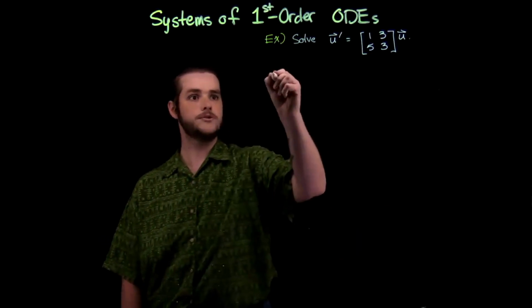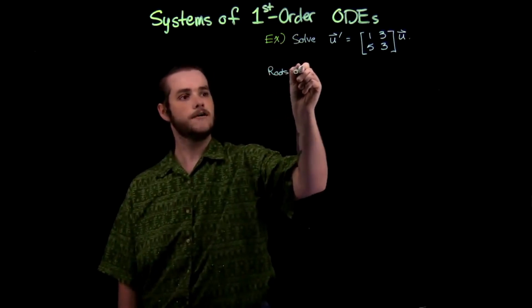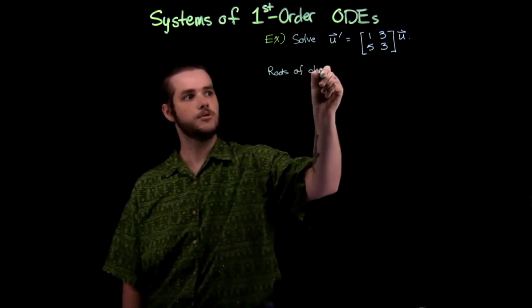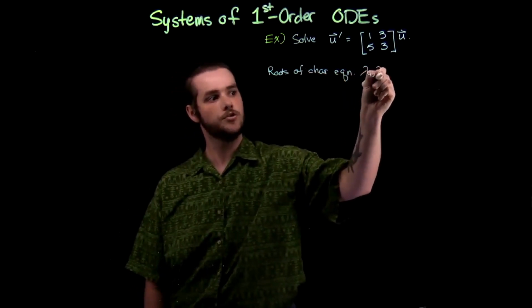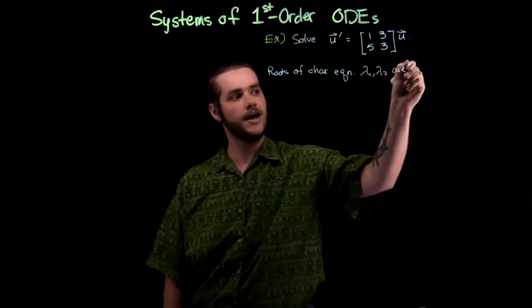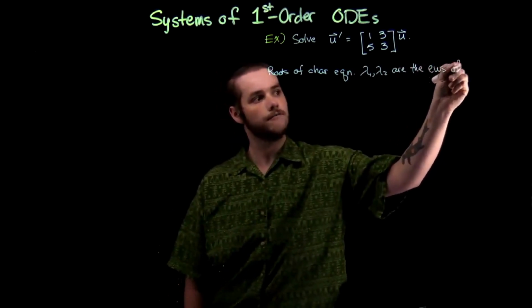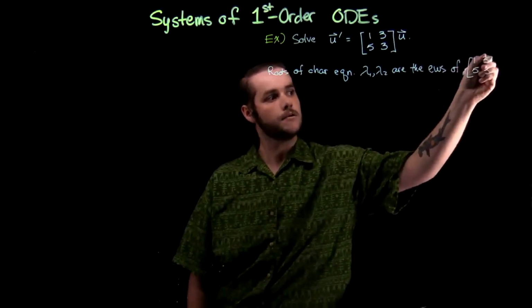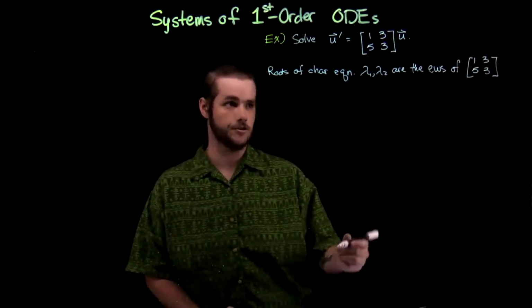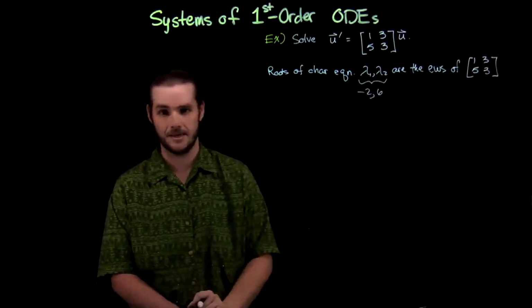The roots of the characteristic equation, lambda 1 and 2, are the eigenvalues of my matrix A. Those eigenvalues, by the way, happen to be -2 and +6.